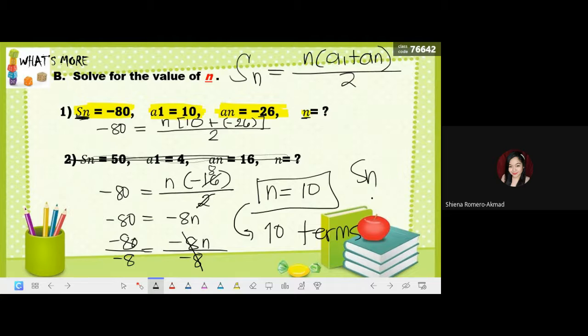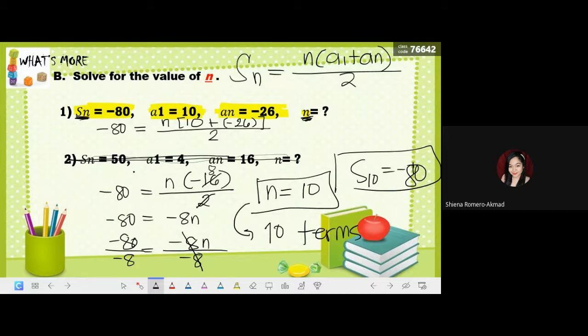Kaya ang naging sum niya is negative 80. Okay, so ang hinanap dito ay n, not the sum itself. Kabaliktaran naman. Kanina, sum yung hinahanap natin. This time naman, ang hinahanap ay yung n.